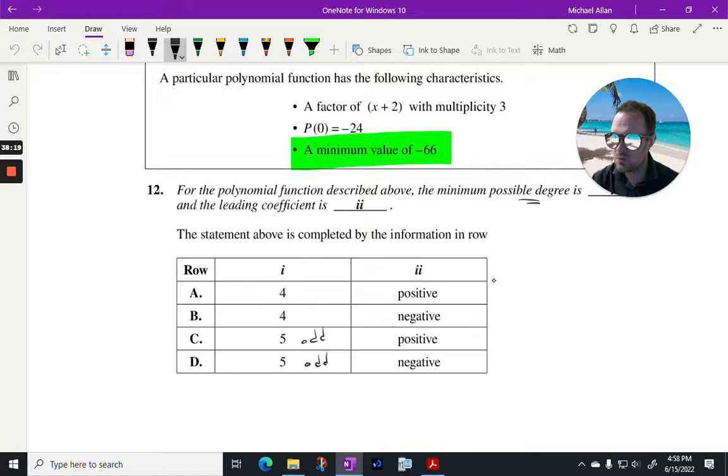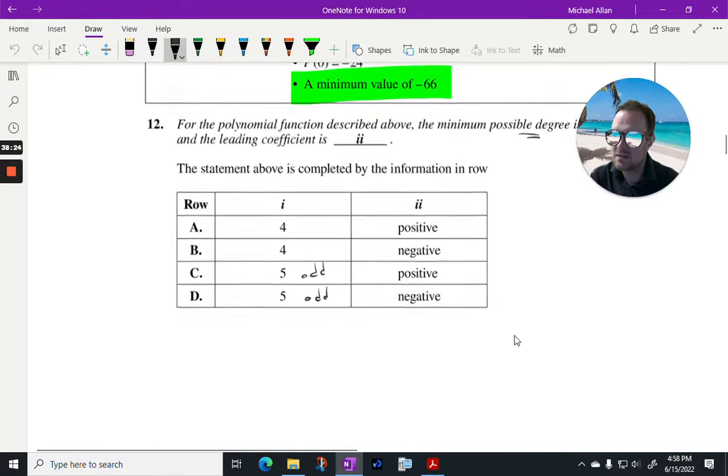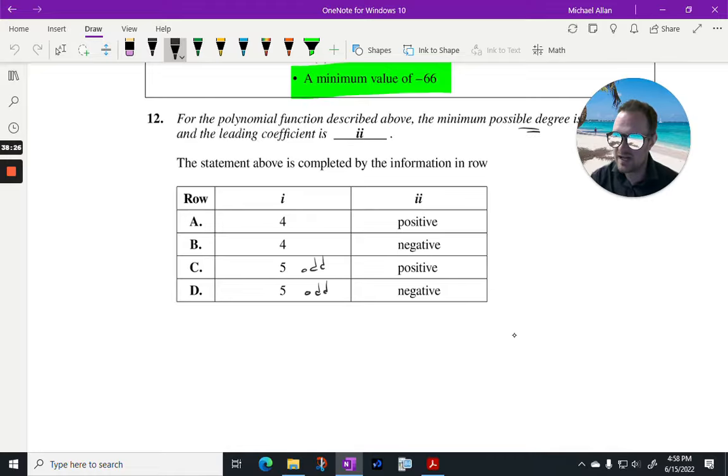If they don't put the word relative in there, we assume that this is an absolute minimum value. So like odd graphs, like degree of 5, positive or negative, if it was positive, it would look like this, right? And if it was negative, it would look like this. I don't know exactly what it would look like, but they go up forever and down forever. So there's no minimum values here. So I can just cross these off, right?